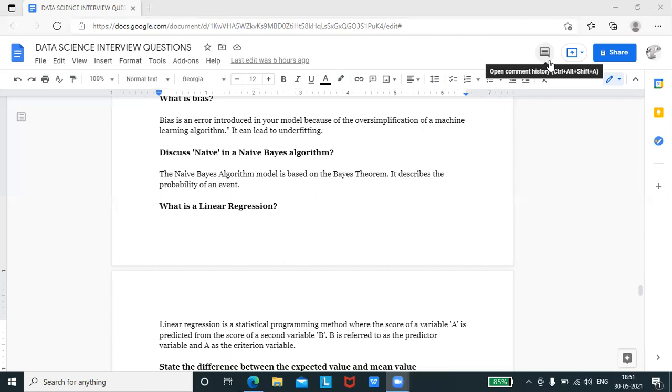So naive Bayes is a very intuitive classification algorithm. It asks the question, given these features, does this measurement belong to class A or class B?